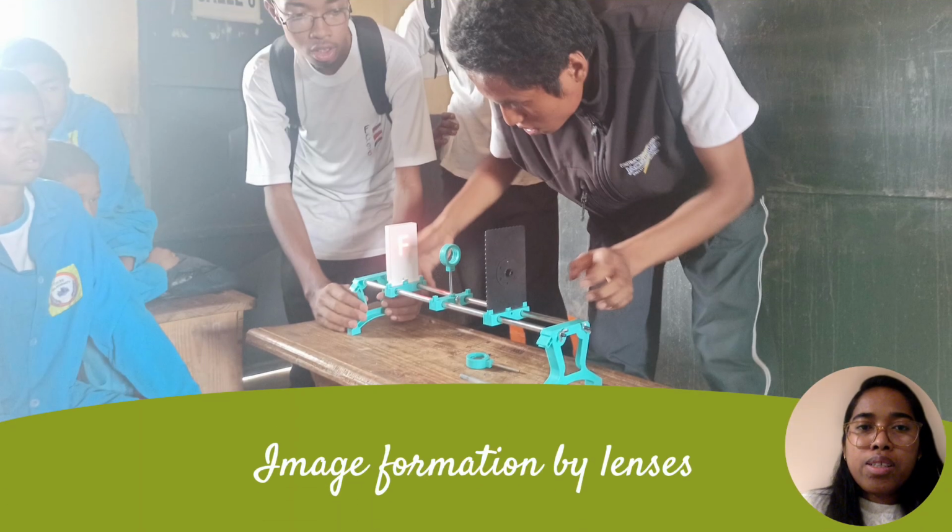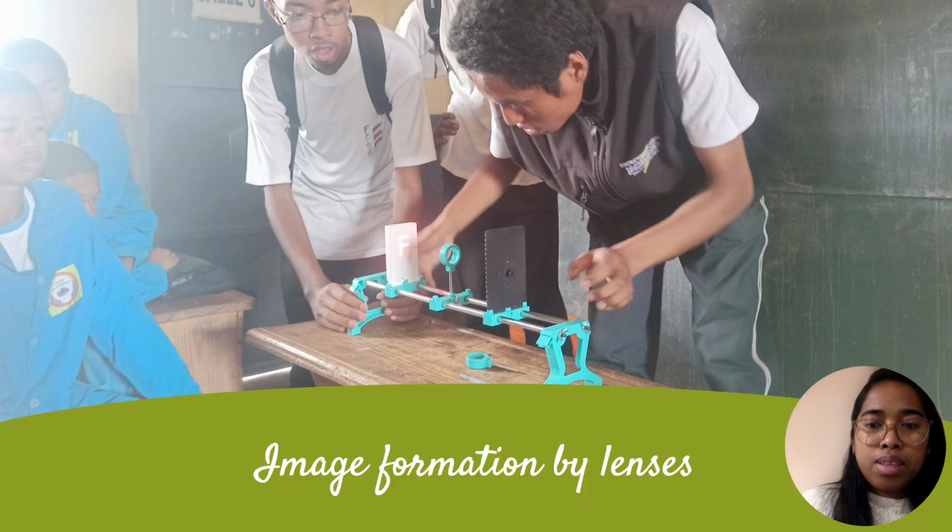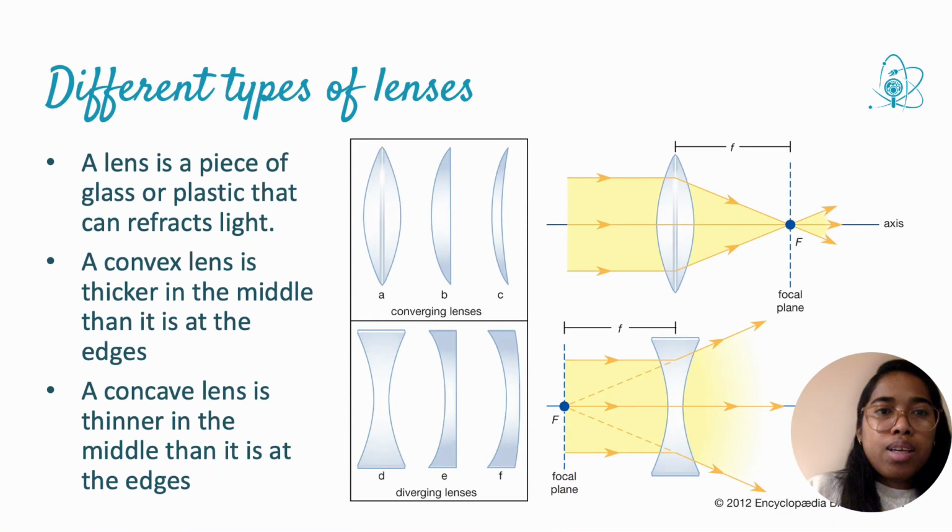So to complete this tutorial, we will now discuss how we can form an image using a lens. Students will have the opportunity to run this experiment themselves using the appropriate equipment. A lens is a piece of glass or plastic that can refract light. There are two types of lens.